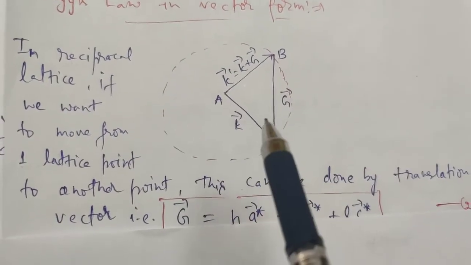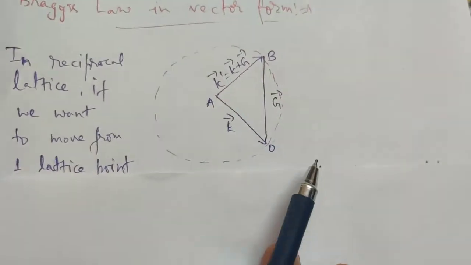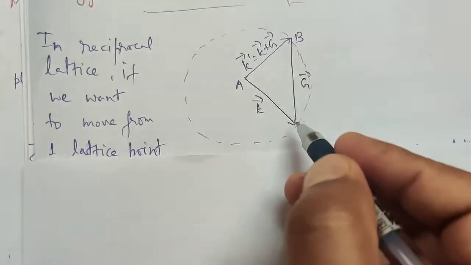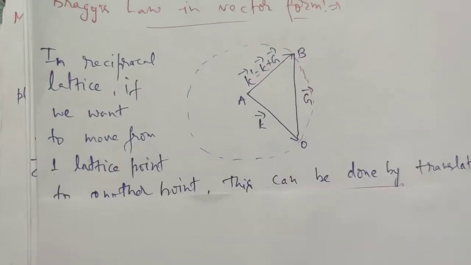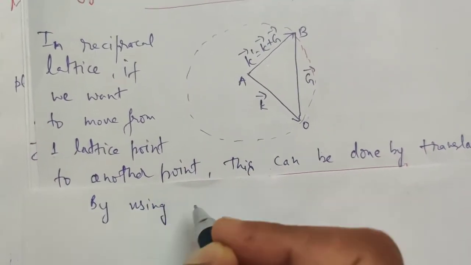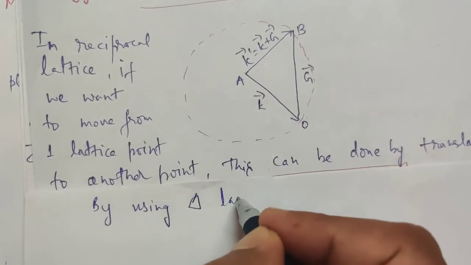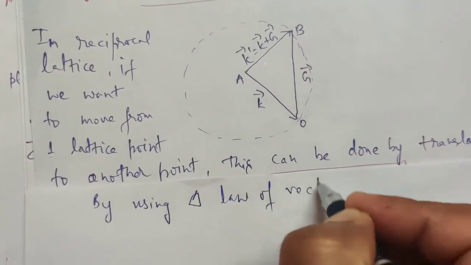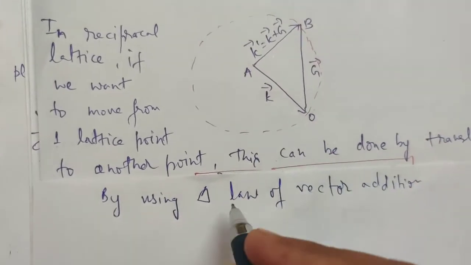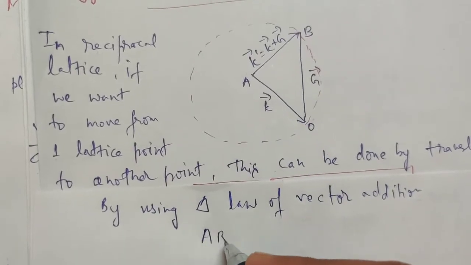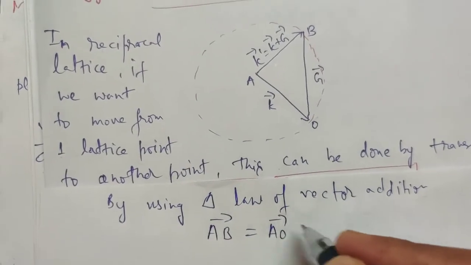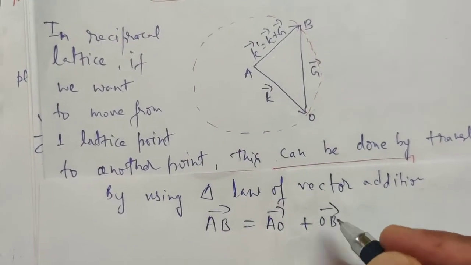Now by using the triangle law of vector addition to this structure, the AB vector, which is the resultant, will be AO plus OB.